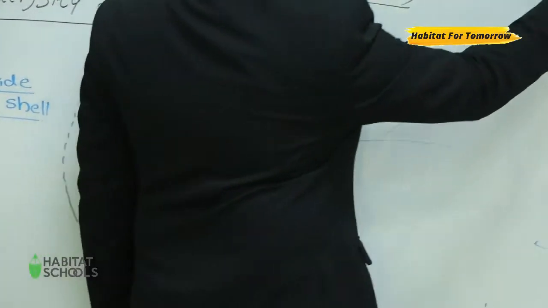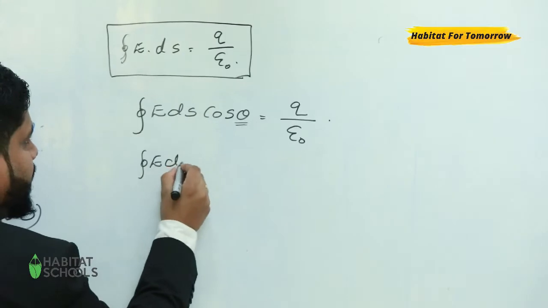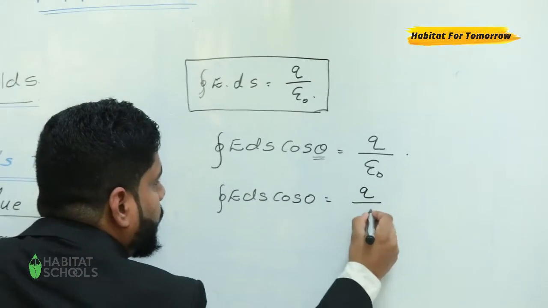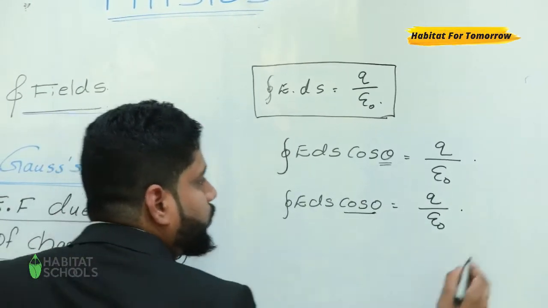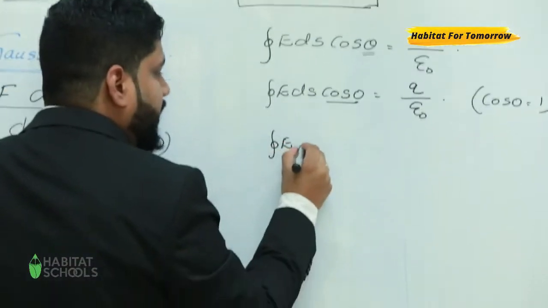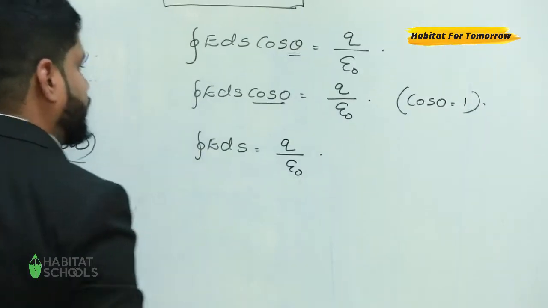So theta becomes 0. Then closed integral E ds cos 0 is equal to q by epsilon 0. What is the value of cos 0? The value of cos 0 is equal to 1. Then closed integral E ds is equal to q by epsilon 0.